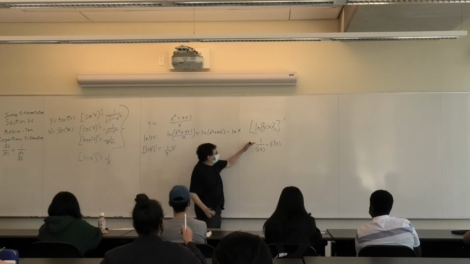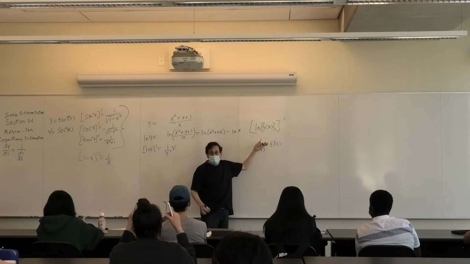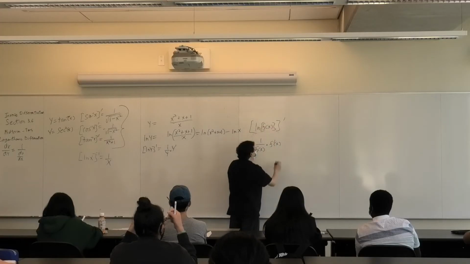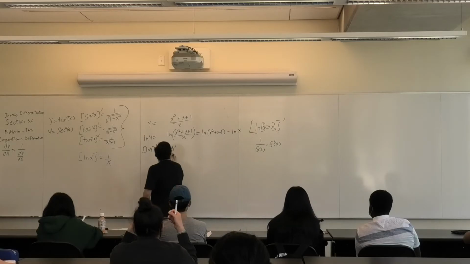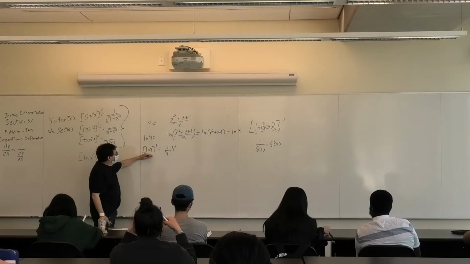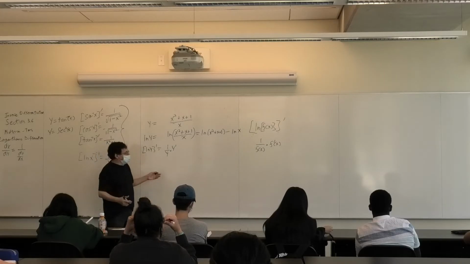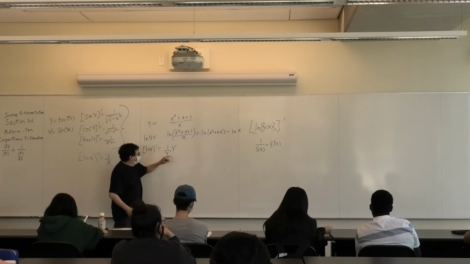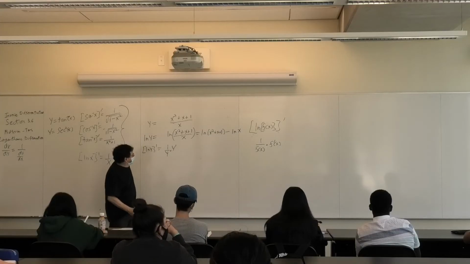The 1 over just comes from the derivative of the log of x, right? I'm composing these two functions. That's all I'm saying here. Derivative of the log of y, which is a function of x, is just 1 over y, derivative of y. Right?